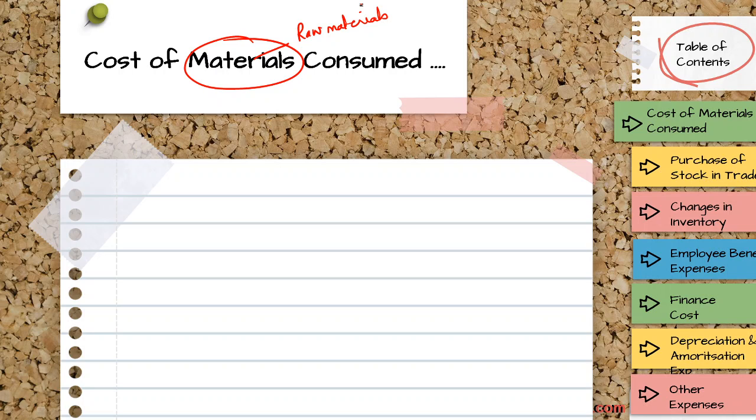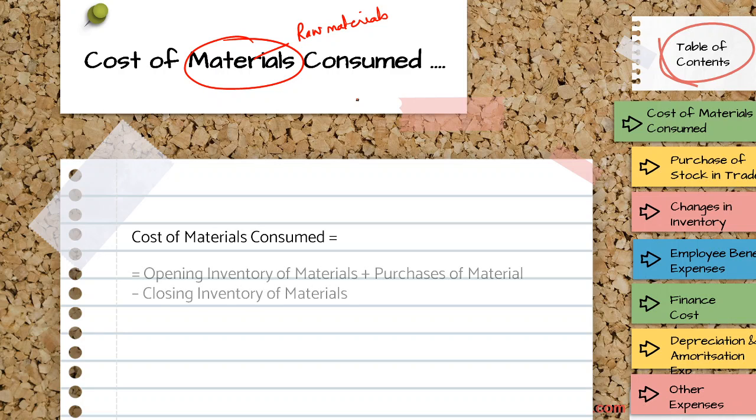Now cost of materials consumed means the cost of raw materials and other materials which are consumed in the manufacturing of the goods. So how can we calculate the cost of materials consumed? It can be calculated by applying this formula: opening inventory of materials, and when I use the word materials here, I mean the raw materials, plus purchases of materials, again purchase of raw material, minus closing inventory of materials, that is the raw material.